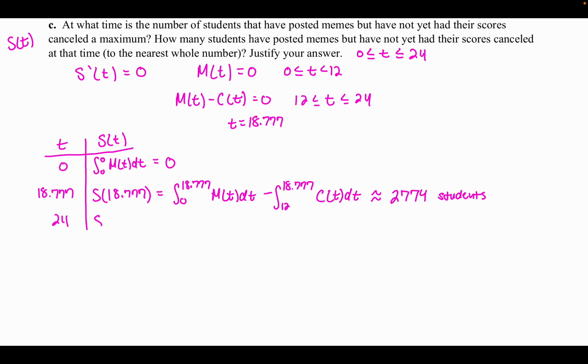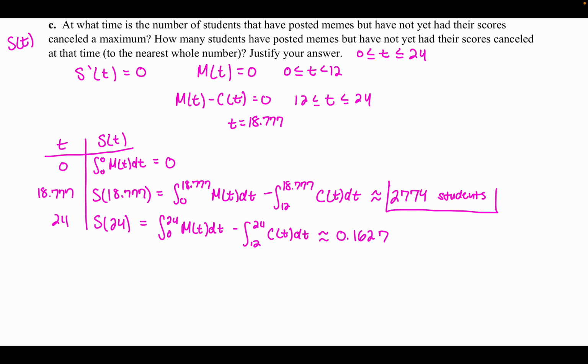All right, and then the last one is S of 24. So we do the same thing. We do the integral of m from 0 to 24 minus the integral of c from 12 to 24. If we put that into our calculators, we get about 0.1627.